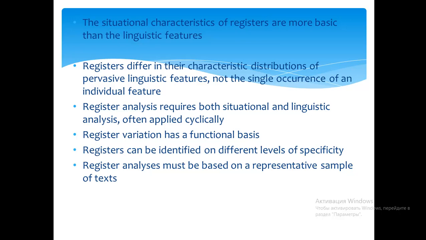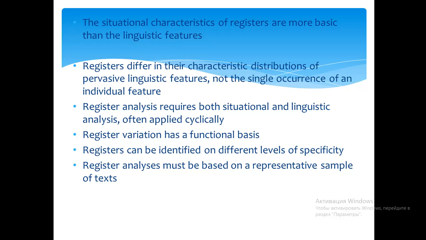For example, it is not the case that conversation always uses pronouns and never nouns, or that newspaper writing always uses nouns and never uses any pronouns. Instead, both registers use both nouns and pronouns. However, conversation uses more pronouns and fewer nouns, while newspaper writing uses more nouns and fewer pronouns.